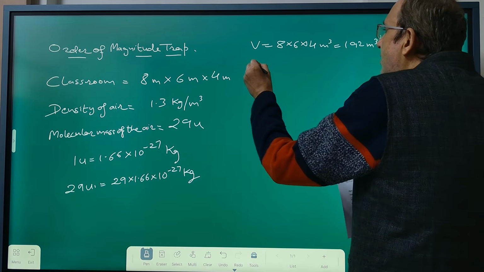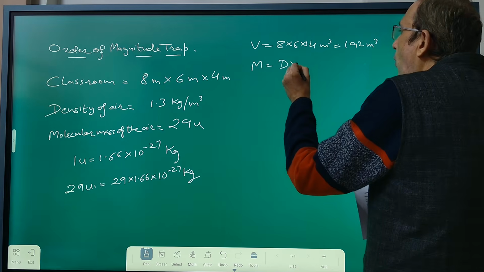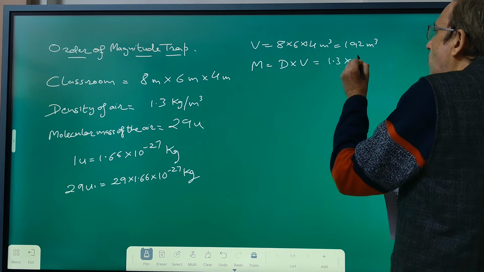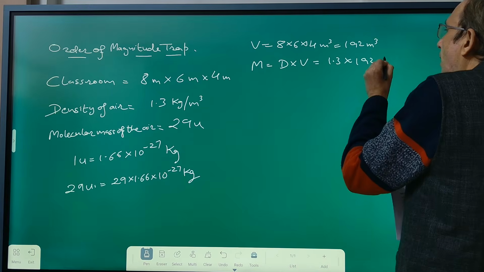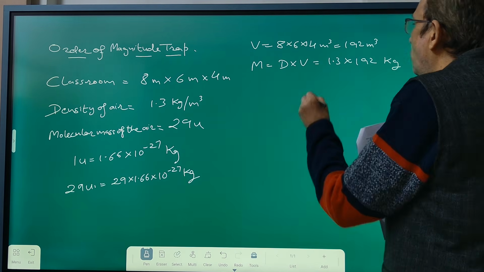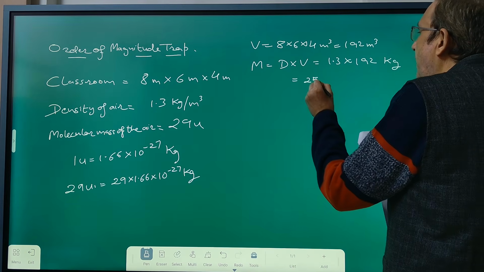So the mass is density into volume, 1.3 into 192 kg, which turns out to be 250 kg.